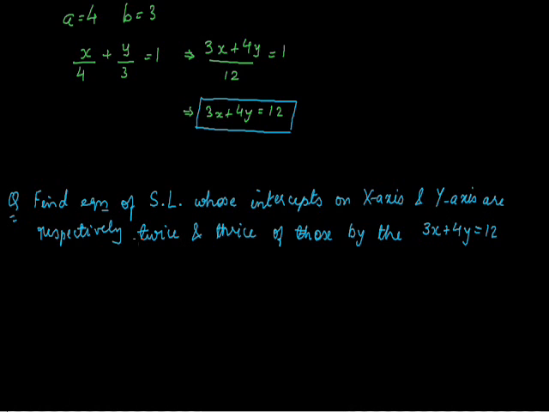So friends, over here we need to find the equation of the line whose intercepts on x-axis and y-axis are twice and thrice respectively of those by the line 3x + 4y = 12.